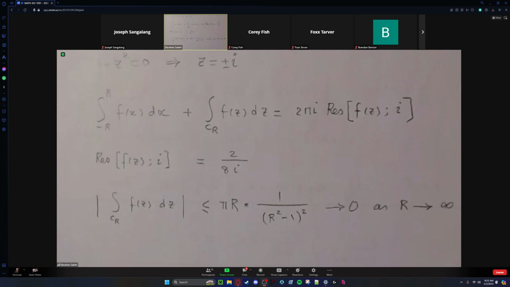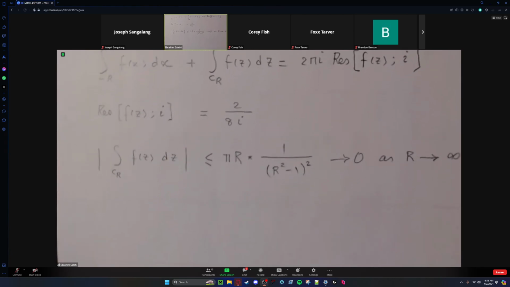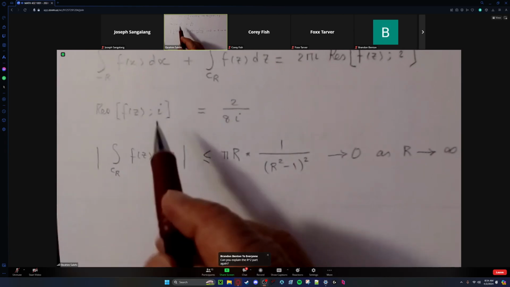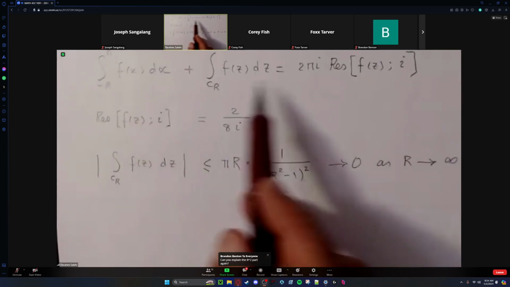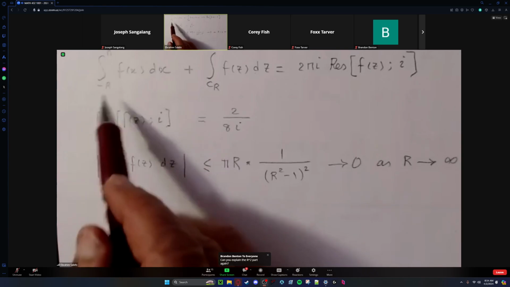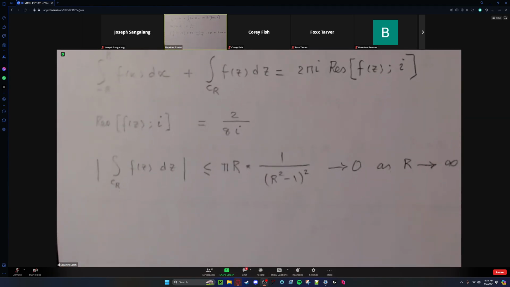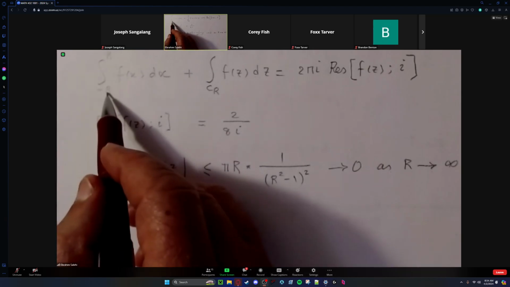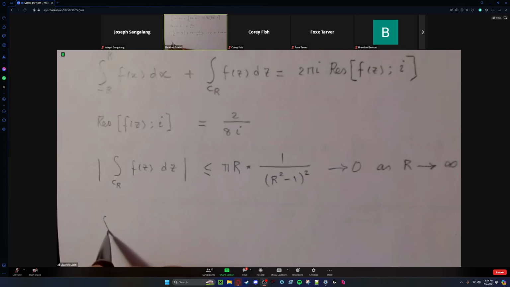And as a result, from this equation, you let r approach infinity and you get the integral from negative infinity to infinity of f of x dx.